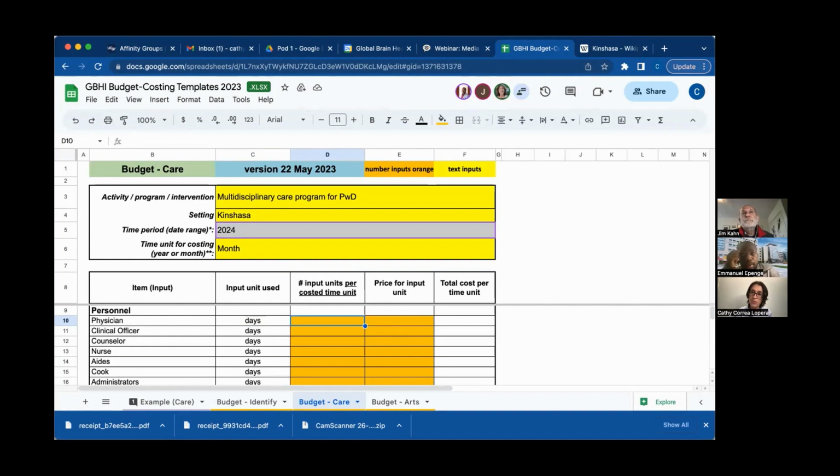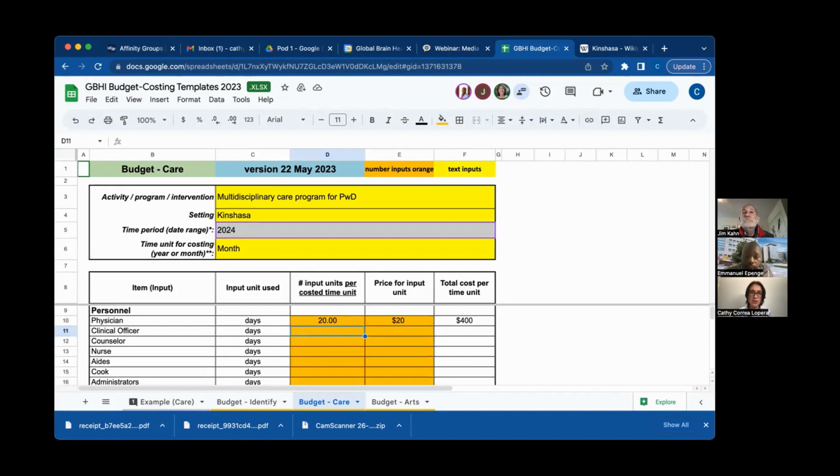Per month, it will be 20 days, and the cost is $20. So it will also be 20 here. Is it right?